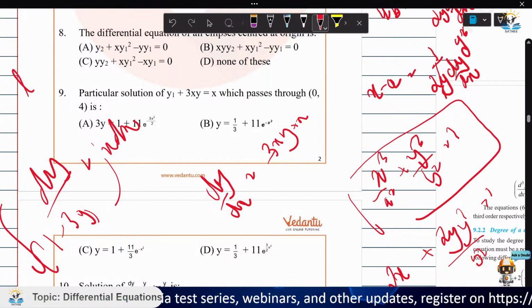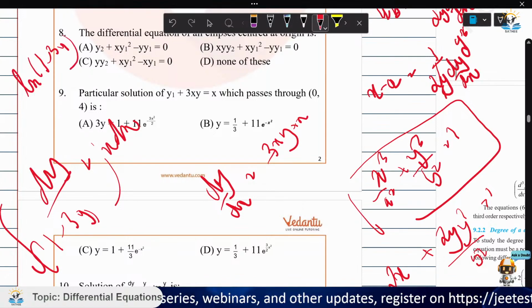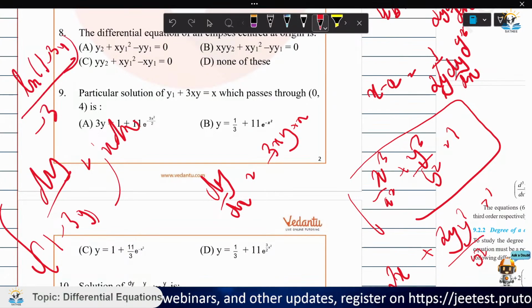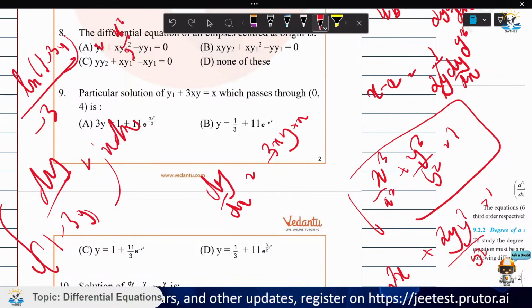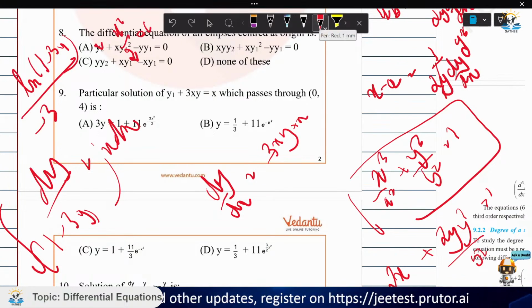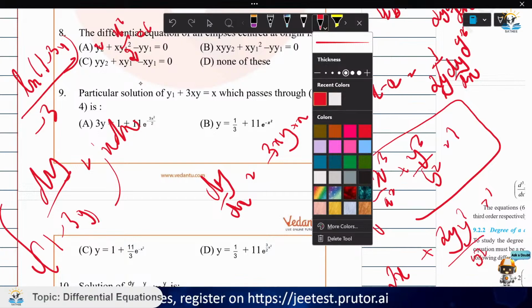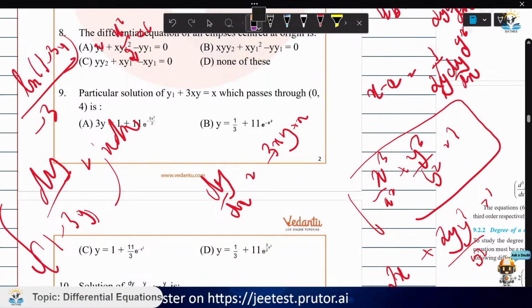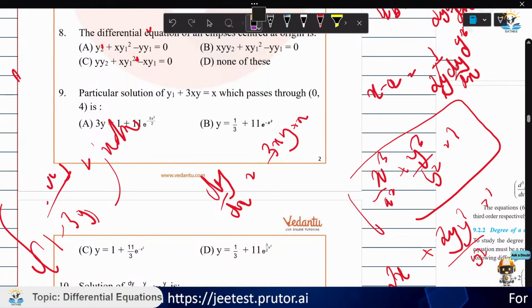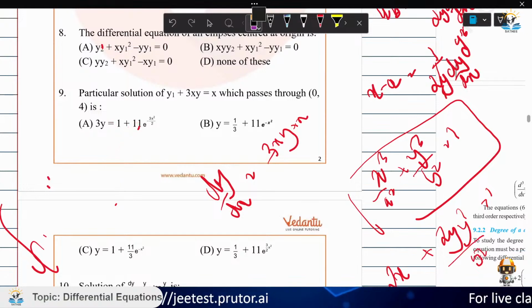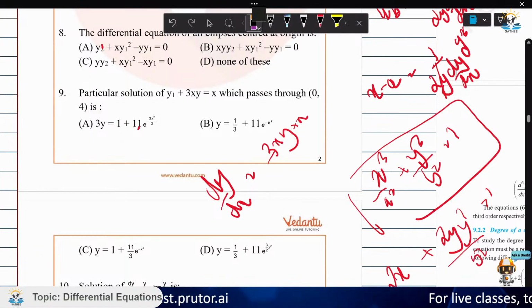We get ln of 1 minus 3y divided by 3 is equal to x square by 2 plus c. We take the value 0, comma 4. But since ln cannot take a negative value, we'll have to change this up. And how would we go about that? Let's see. So we'll do one magic trick here while integrating.